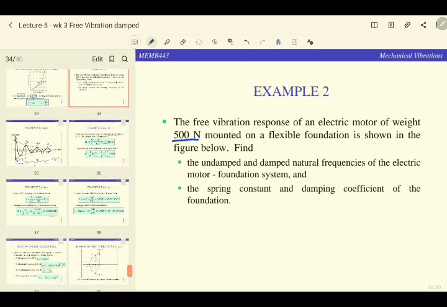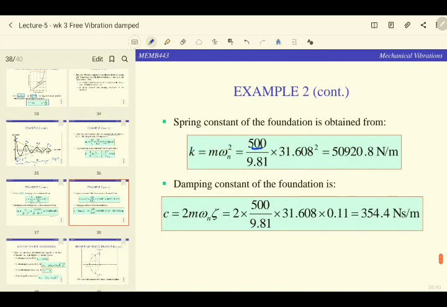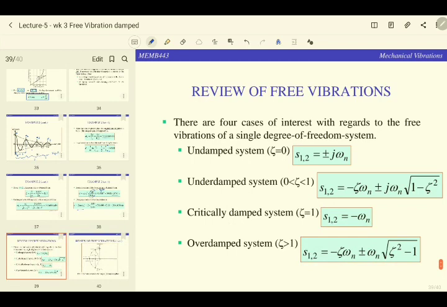That's why for your mass you have to divide by g, because weight equals mg. So you get your K, and then you can also calculate your damping constant.